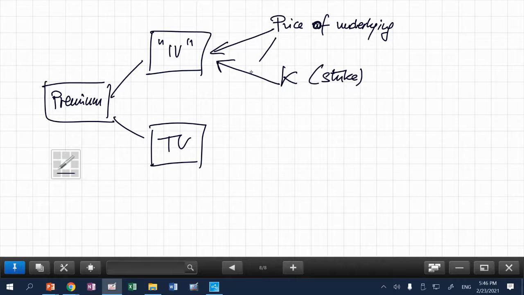Please note that these two factors also influence time value, because we have seen that the time value, both in the case in which is the chance of future exercise and in the case in which the chance of abandoning, does depend on how close the future price is to the strike.